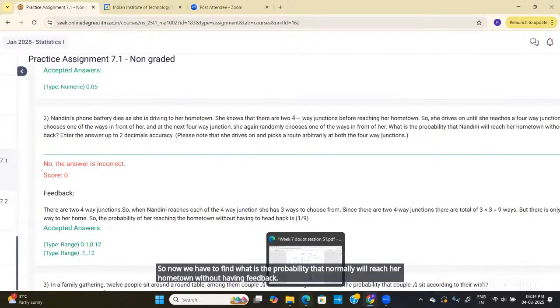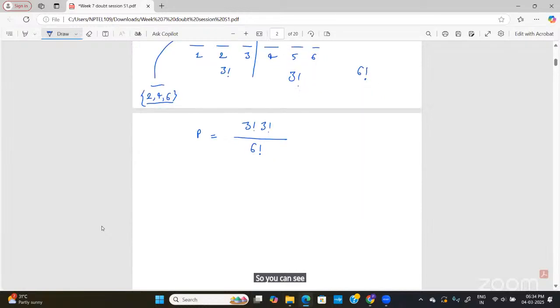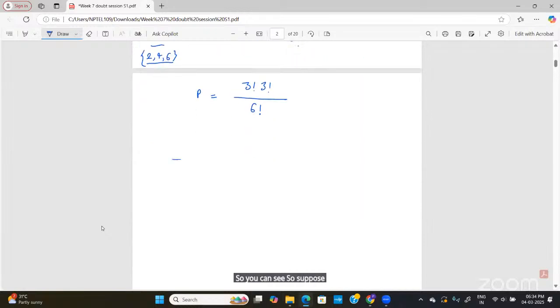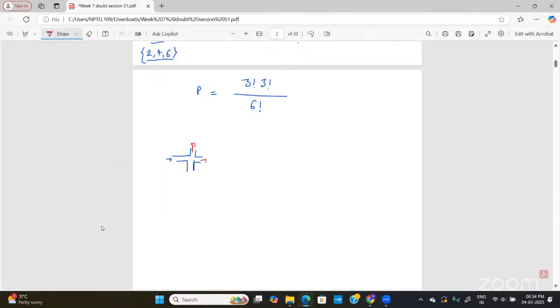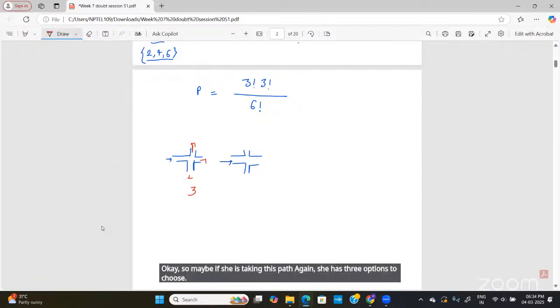So you can see, suppose this is one 4-way. Suppose she is coming in this way. So now she has three options to choose from, right? These three. So here she has three options. Again, there is another 4-way there. So maybe if she is taking this path, again she has three options to choose, right?